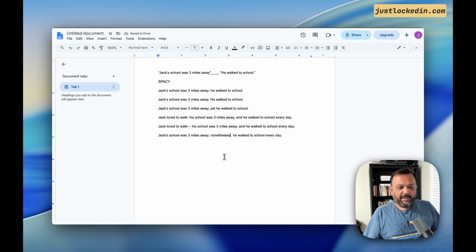It means but still, but it's a slightly fancy way of saying but still. Or yet, it's the same meaning. It's just a different way of saying the same thing. So nonetheless is also a conjunctive adverb. Jack's school was 3 miles away; nonetheless, he walked to school every day.